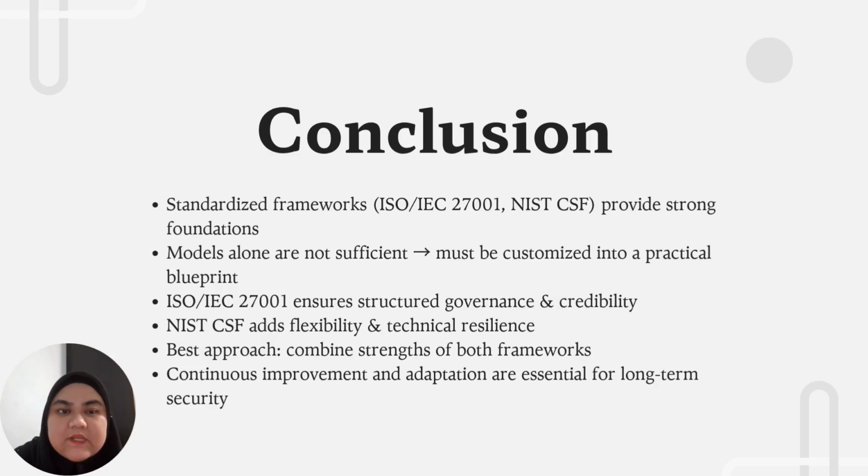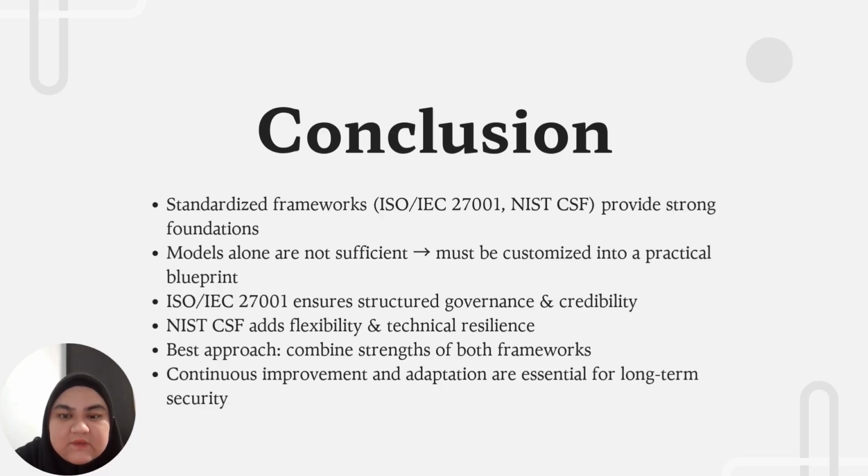To wrap up our analysis, it's clear that standardized frameworks like ISO and the NIST framework provide strong foundations for InfoSec. However, models alone are not enough. They need to be customized into a practical blueprint that fits the retailer's real environment. ISO brings structure, governance, accountability, and credibility through certification, which is important for building trust with customers and partners.